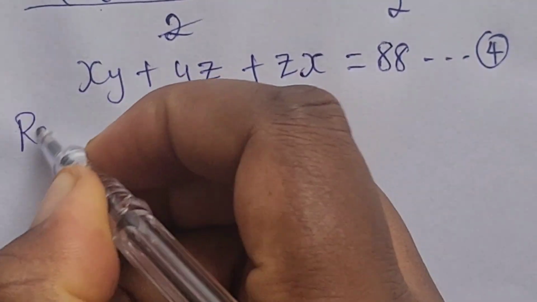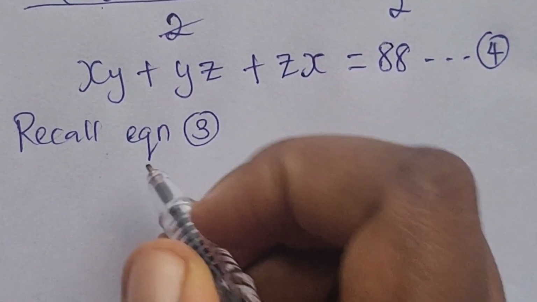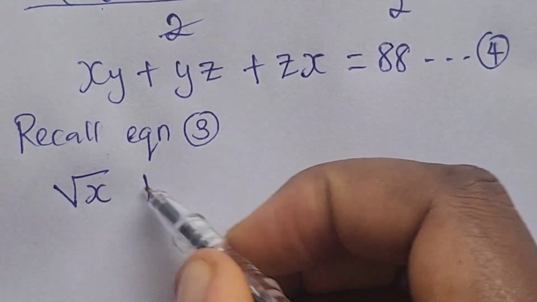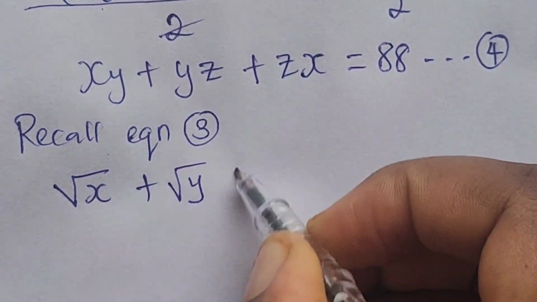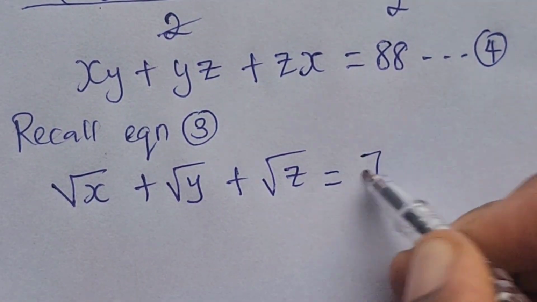So let's recall equation 3, where we have root x plus root y plus root z equal to 7.